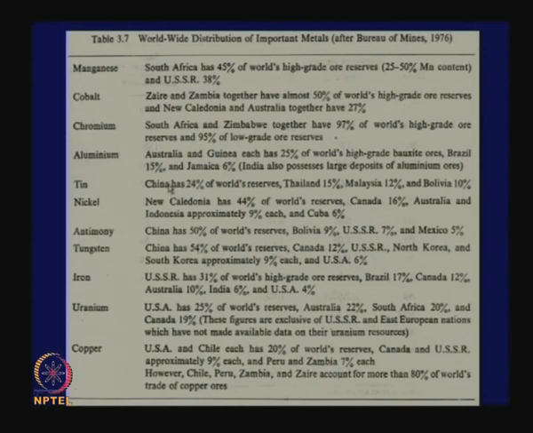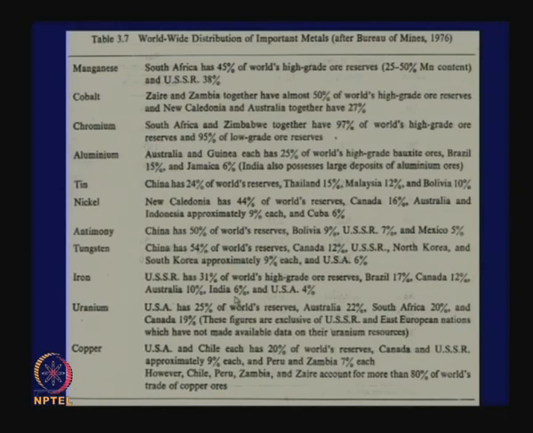Tin, China has 24% of world reserves, India has very little tin, only some tin has been found in Madhya Pradesh, Bastar district. Unfortunate. Antimony, we do not figure anywhere. Tungsten, we do not figure in the list of countries which are rich.